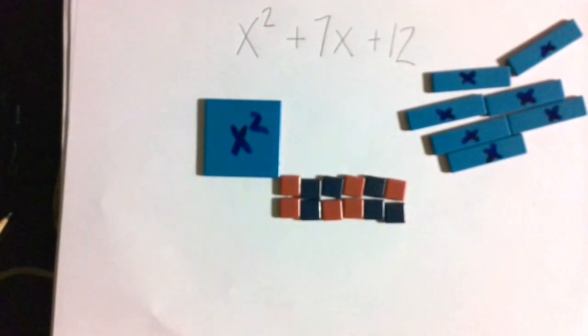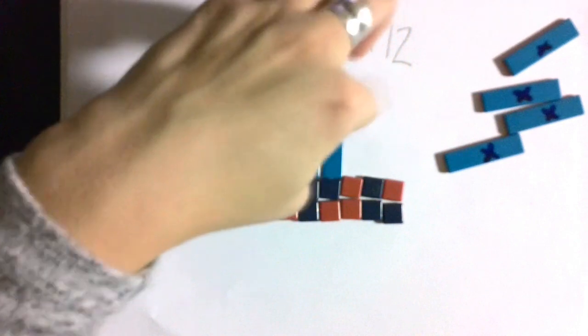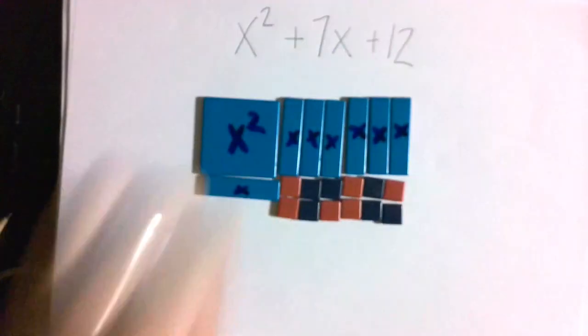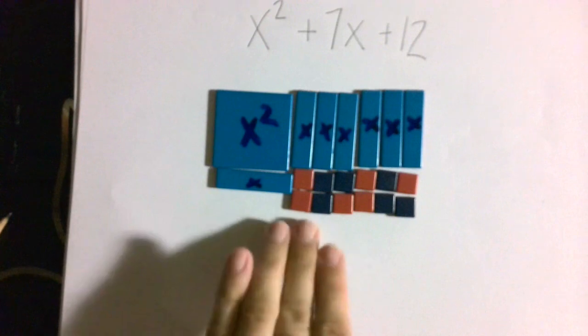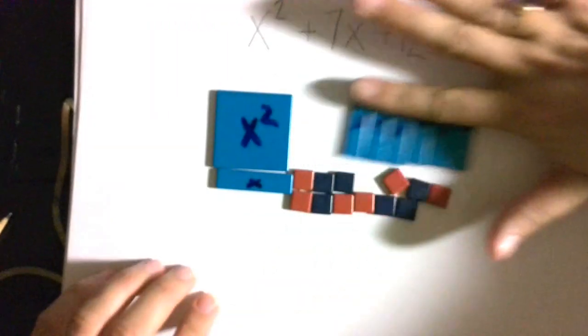Then I would have to fill in my x's. If I did it like this, I could see that this doesn't make a whole rectangle. So that means that I need to use a different factor in the bottom corner than 6 and 2.